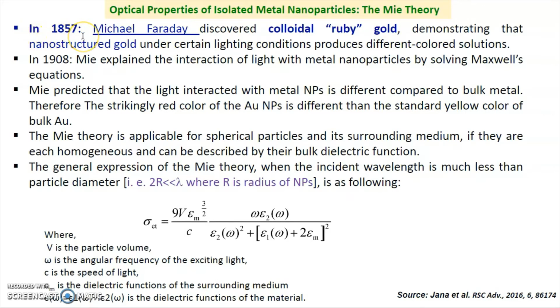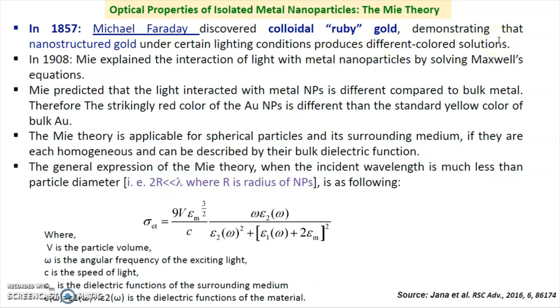In 1857, Michael Faraday was a scientist who discovered colloidal ruby gold nanoparticles. He demonstrated that the nanostructure of gold under certain lighting conditions produces different colored solutions.